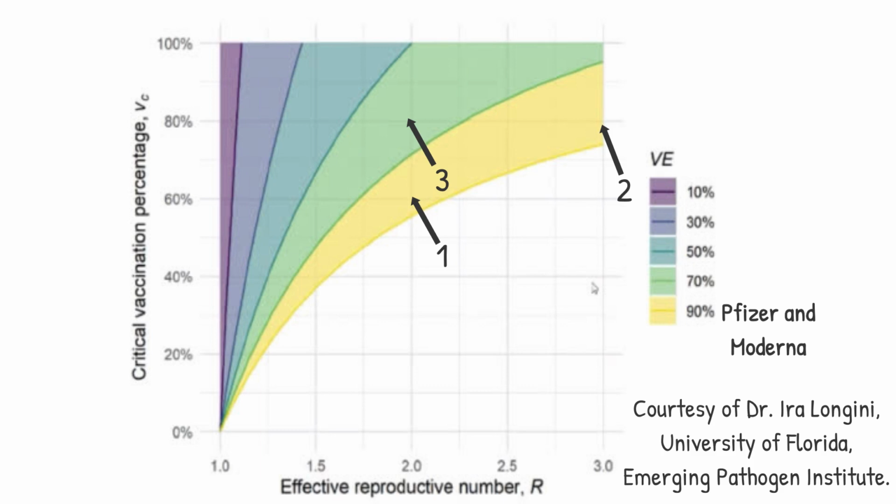First, the higher the R0, the higher the percent that will need to be vaccinated. For an R0 of 2.0, with vaccine efficacy of 90%, like Pfizer and Moderna, the yellow, 60% of the population would need to be vaccinated, arrow 1. A higher R0 of 3.0 would require 80% vaccination, arrow 2.